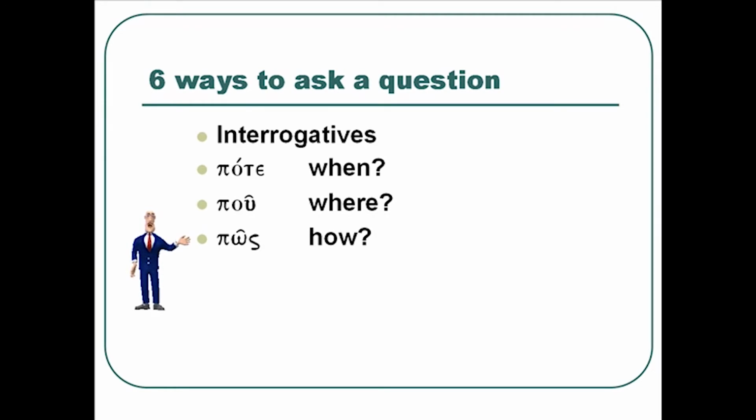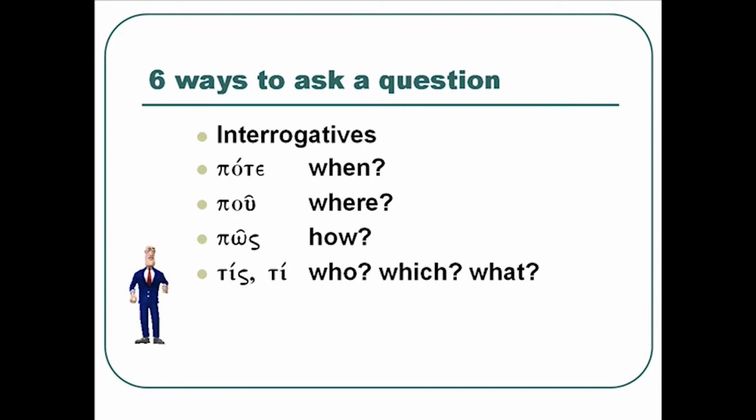The third interrogative is pos, and it means how. And the fourth one, and you'll notice how tricky this one is compared to the indefinite pronouns that we just looked at, is tis, ti, who, which, or what. And you'll notice that it takes the accent mark, whereas the indefinite pronoun did not have the accent on the single syllable. So the accent is the only difference between the tis, ti, indefinite pronoun and this interrogative.